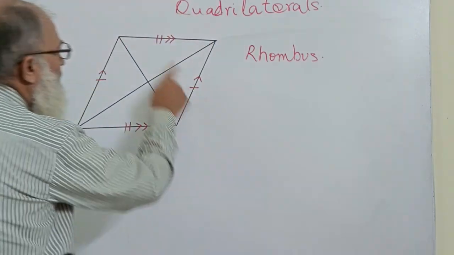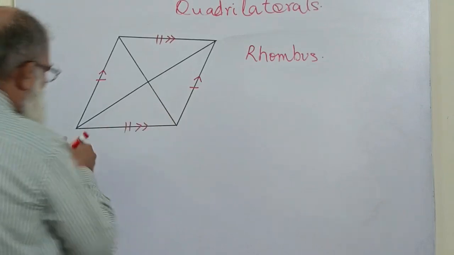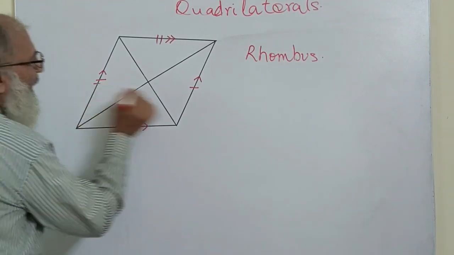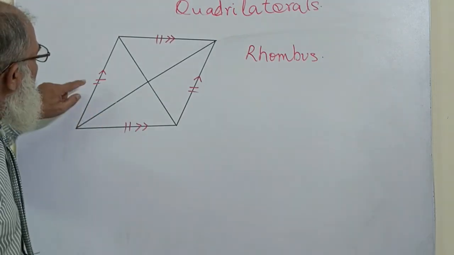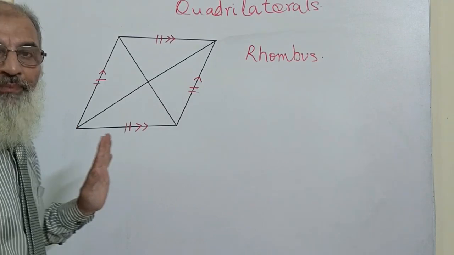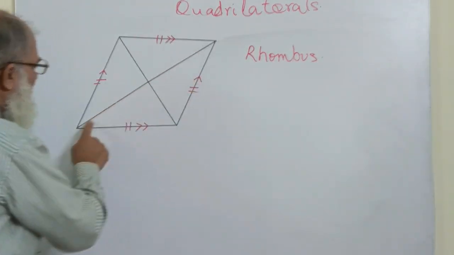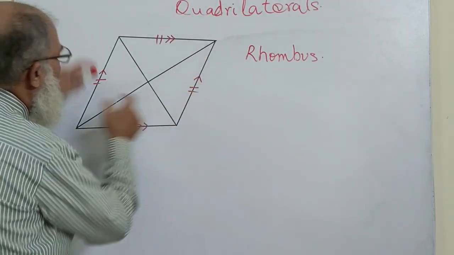Now this side is equal to this side is equal to this side is equal to this. Now very easily I can put two lines over here because each side is equal. Each side is equal. These opposite angles are equal. The opposite angles are equal.